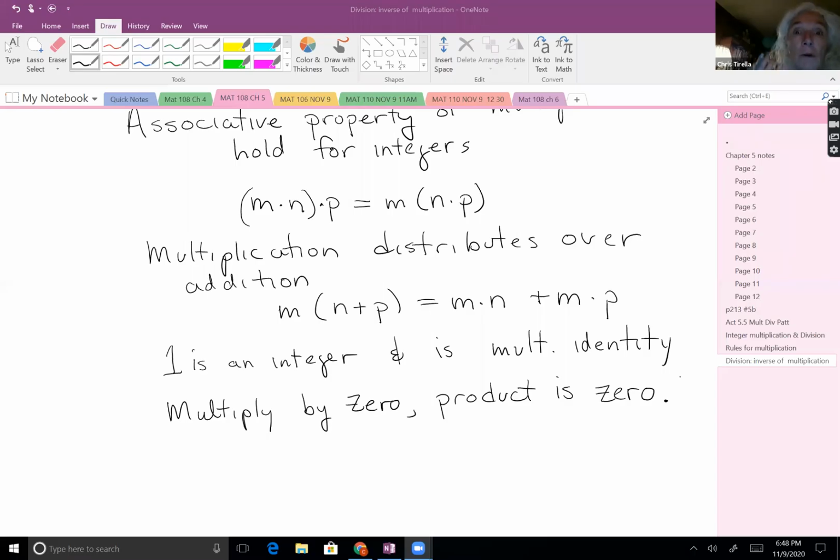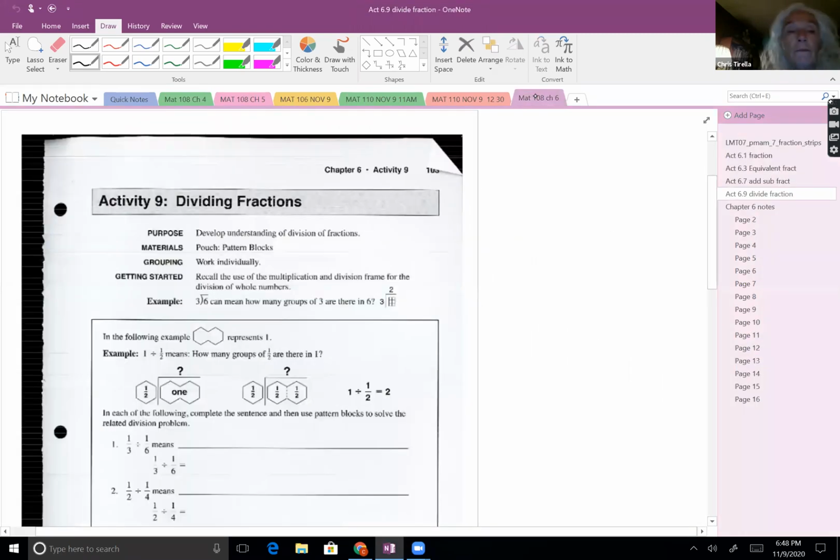So then, if there are no other questions on what's in chapter 5, what I had thought that we would do for the rest of today is just a little bit of introduction to chapter 6.